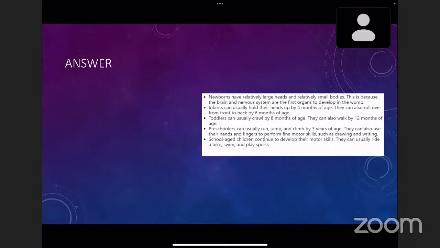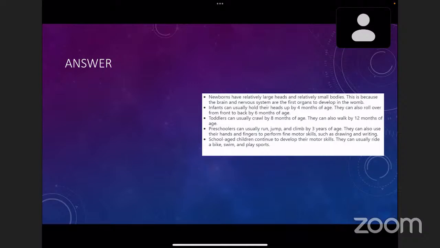That is a given example. The infant can usually hold their head by 4 months, followed by rolling from front to back by 6 months. They will start to crawl by 8 months and walk by 12 months. So it occurs in cephalocaudal direction, and the developmental process also proceeds from proximal to distal.